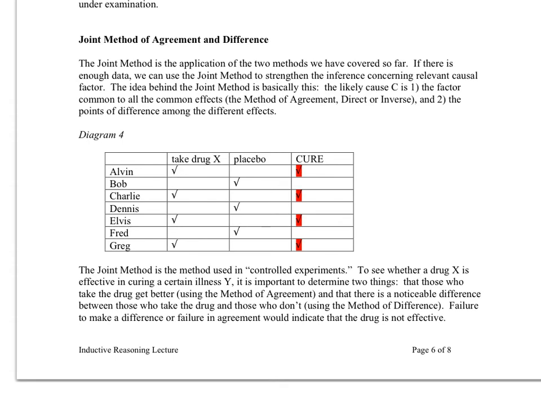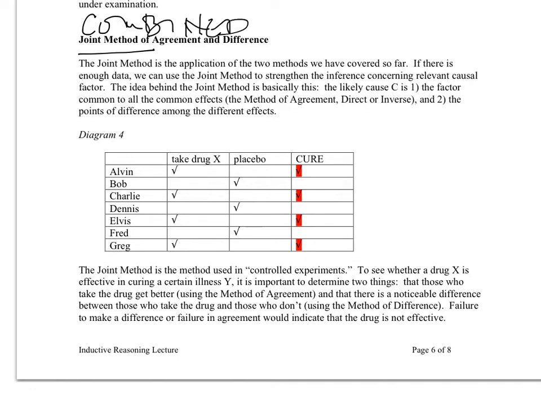In the most reliable cases, you're going to actually combine the two methods. And this is what's called the joint method of agreement and difference, joint meaning combined.